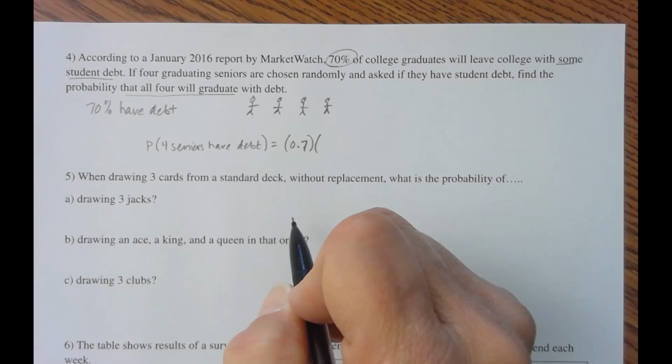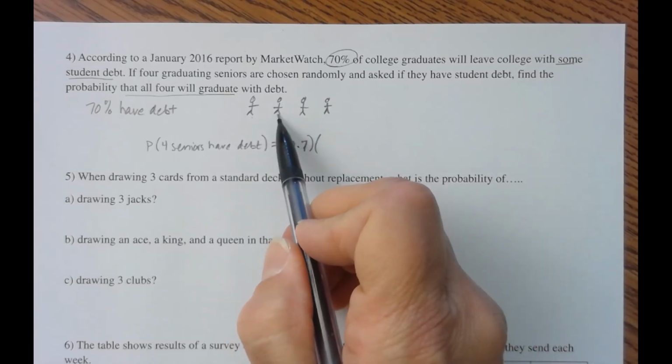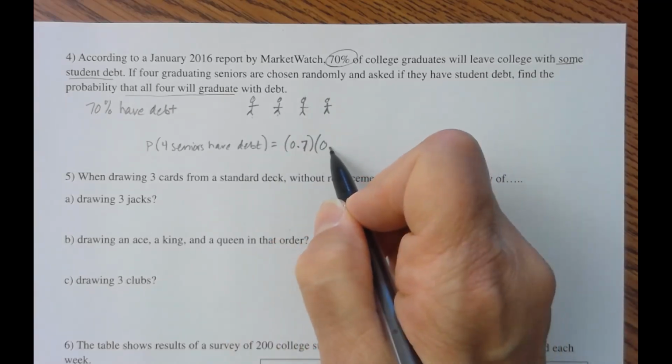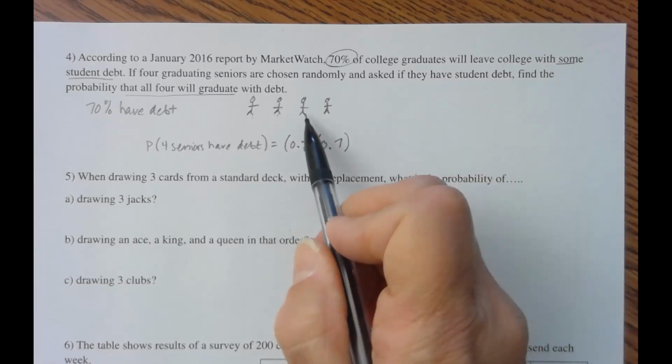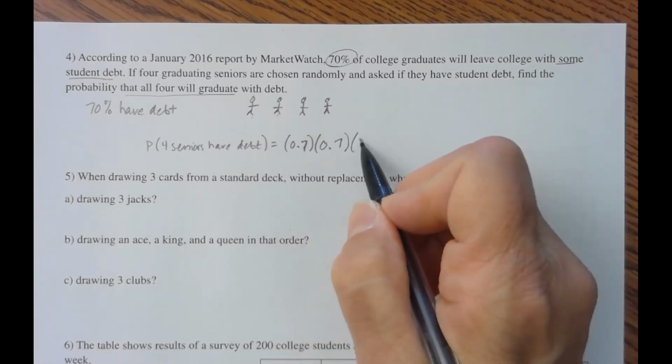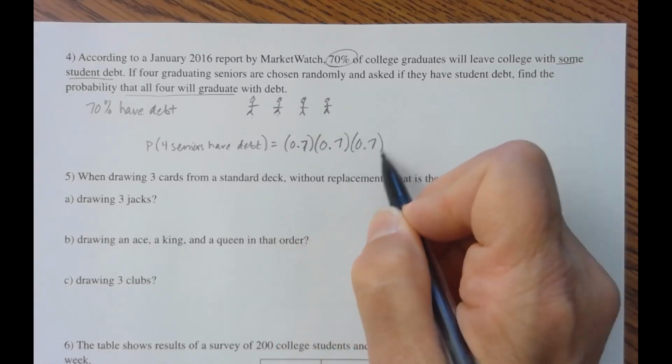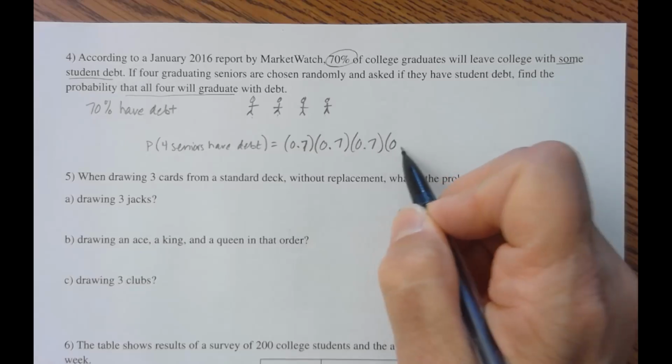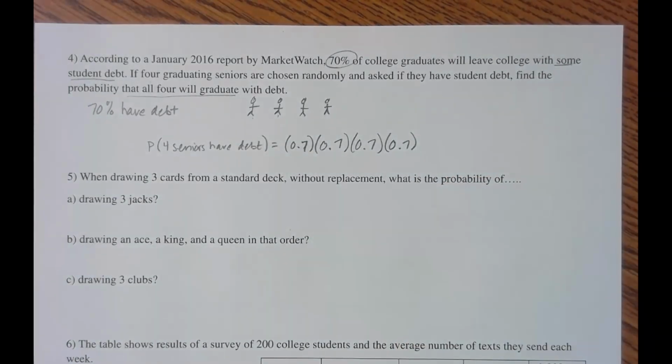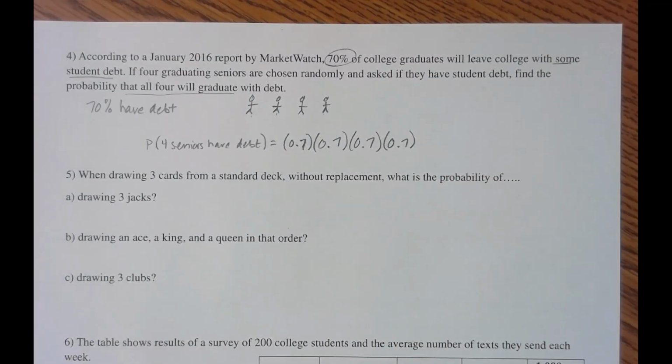Draw my second person. There's a 70% chance they also have college debt. The third person, 70% chance they have debt. The fourth person, 70% chance they have debt. And now just multiply it together.